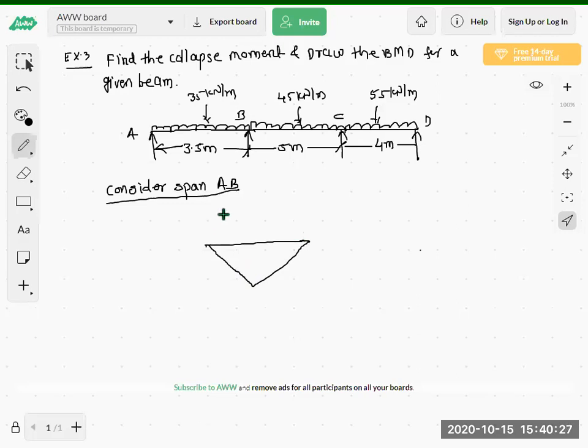The UDL is there. Now the point load of this UDL, where will it act?